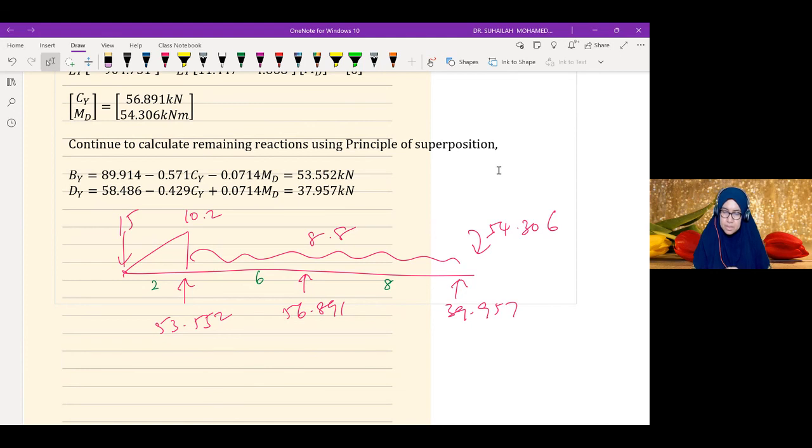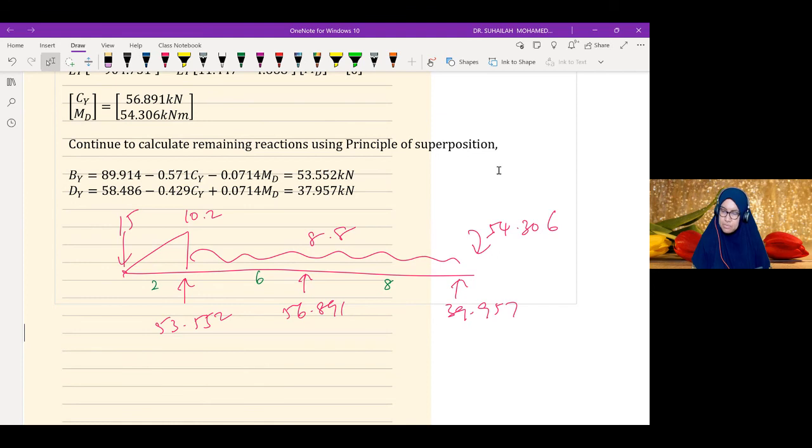So let's say we calculate: triangular 0.5 times 2 times 10.2, plus 15, plus 8.8 times 14, minus 53.552, minus 56.891, minus 39.957.